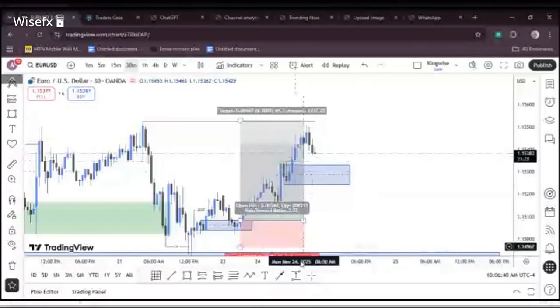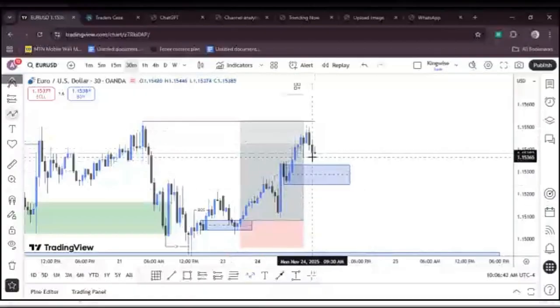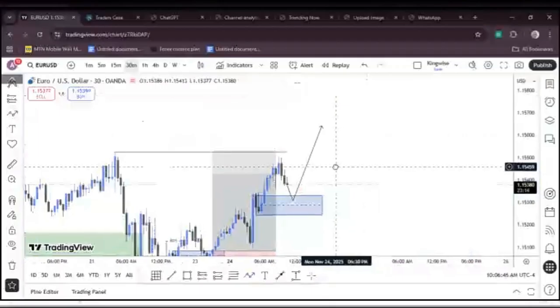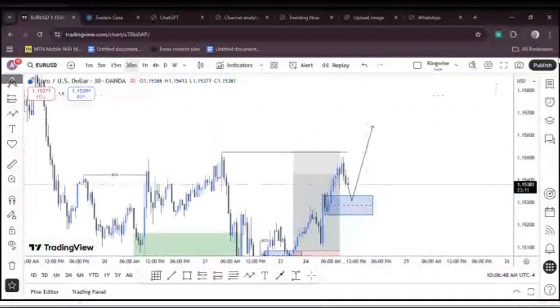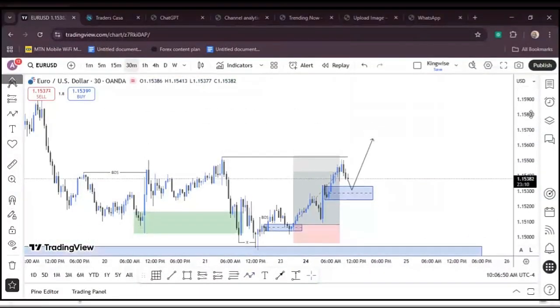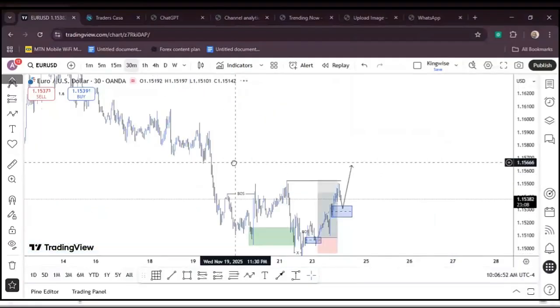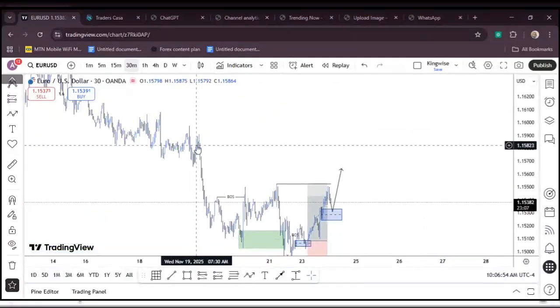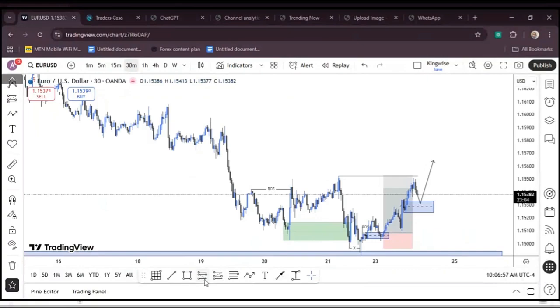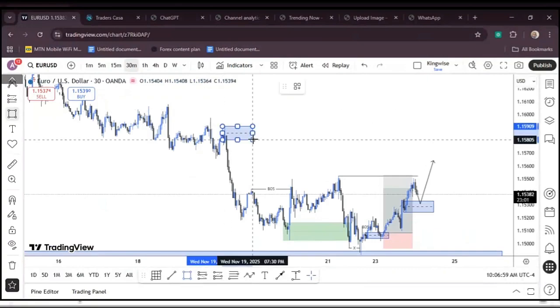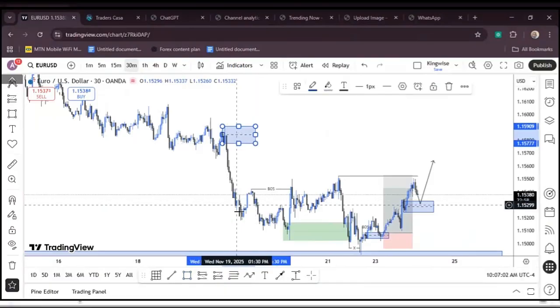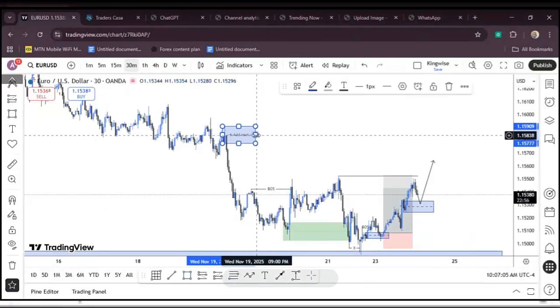So price might just want to retrace into this zone and then buy all the way up. So this was what I saw, but I'm expecting that price should get to this. This is a countering supply. This is a supply zone, the last candle before this massive move to the downside. So this is a zone.